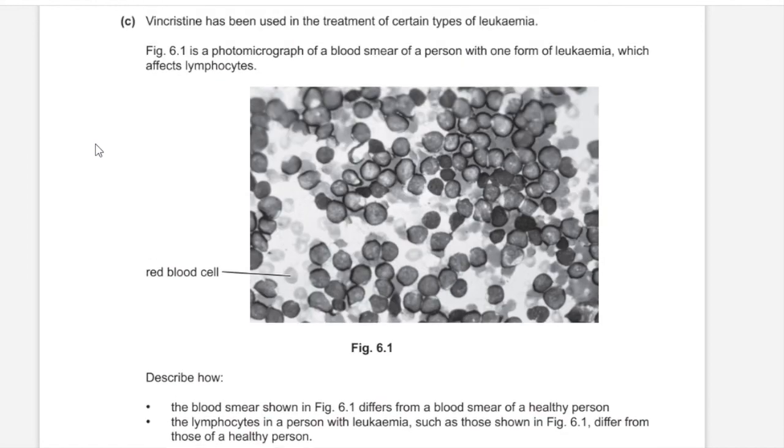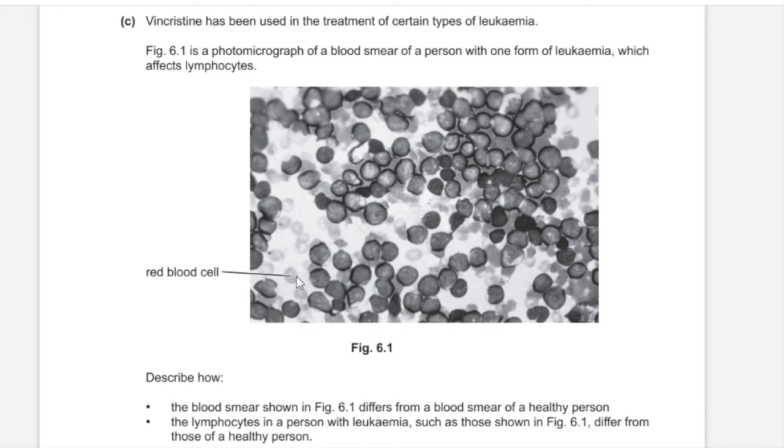So leukemia causes excess production of lymphocytes that have not differentiated or matured, and as a result the normal blood composition changes. You can make that out in the blood smear shown in the figure.